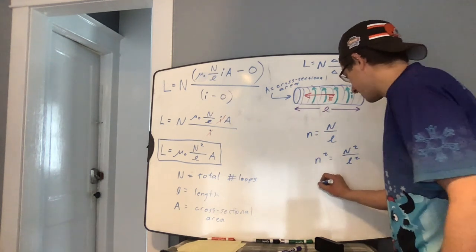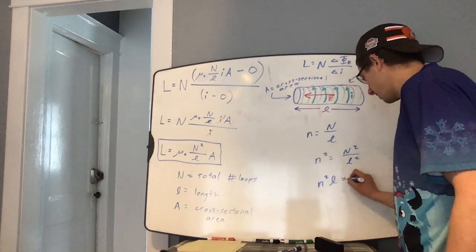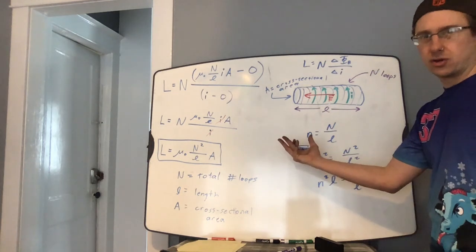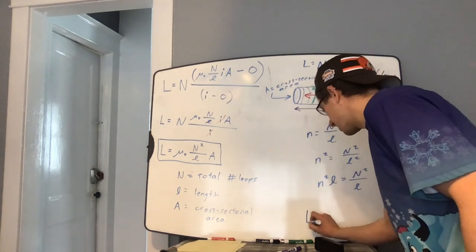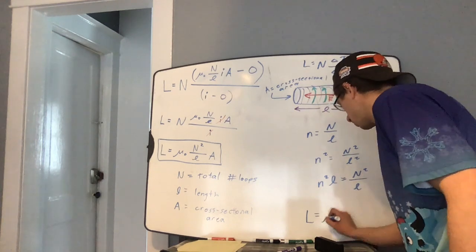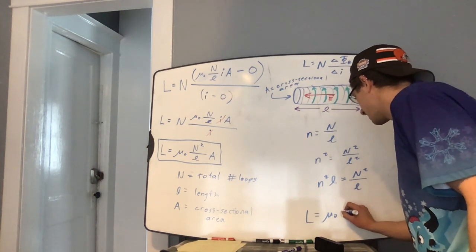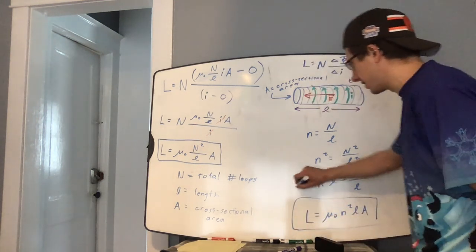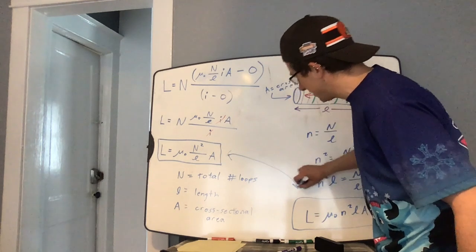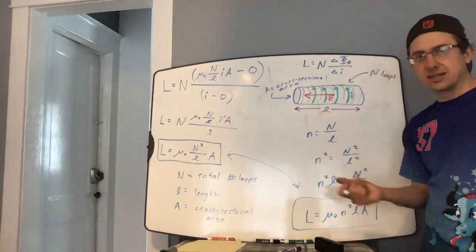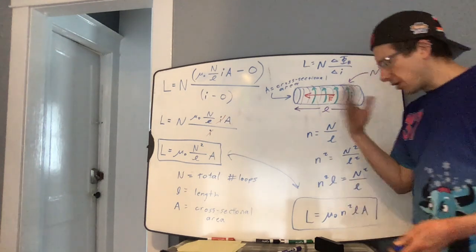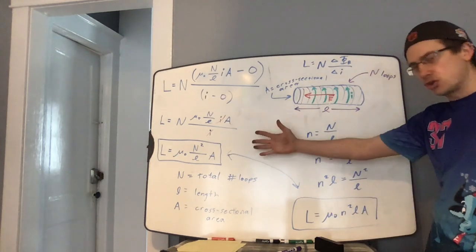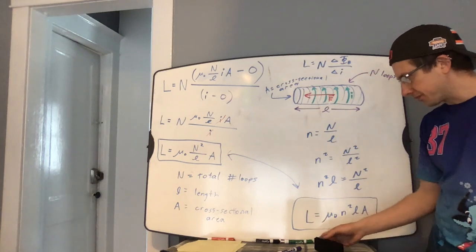So that implies n squared times L is equal to big N squared over L. So if I want, I could just as correctly say the inductance of a solenoid is equal to mu naught times n squared L A. And this also would be correct. I think more often than not, you're going to be using that equation for the inductance of a solenoid. By more often than not, though, I mean like 80% of the time versus 20% of the time. So it's in the majority, but it's not an overwhelming majority.